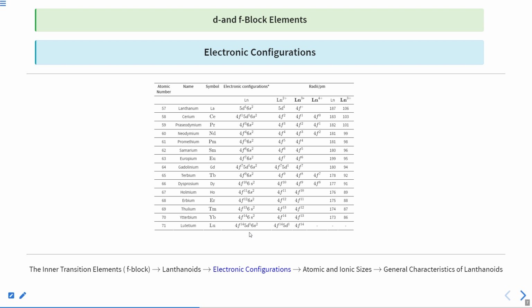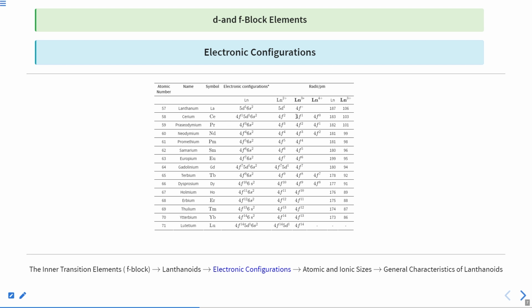The 6s2 is common in all of these. But there is an exception. The first exception is here, in the case of cerium, 4f1 5d1.